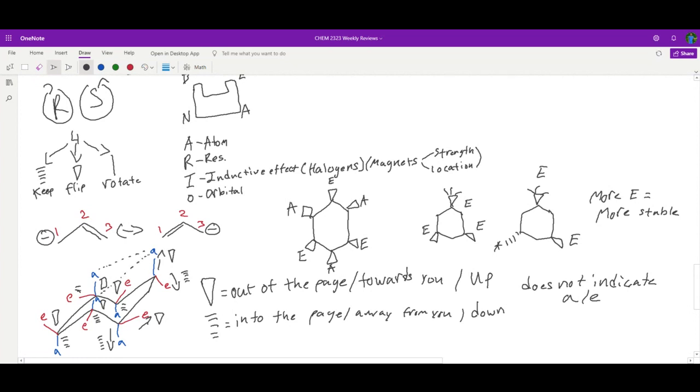That's what steric hindrance means: you have electron clouds from your substituents, your carbons, hydrogens, and when they clash together, it becomes unstable. It's likely to react, which releases energy. Which is why you always want your bulkiest group in equatorial positions, so it's not interacting with axial steric hindrance.